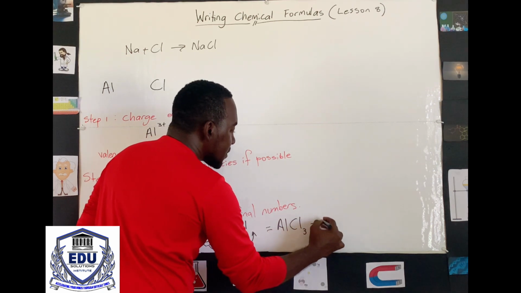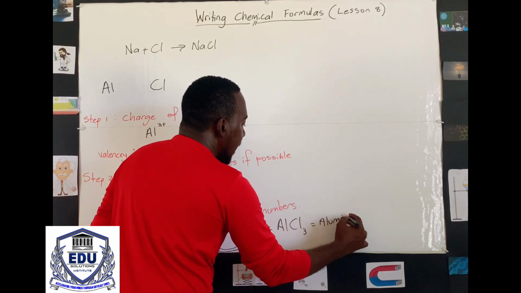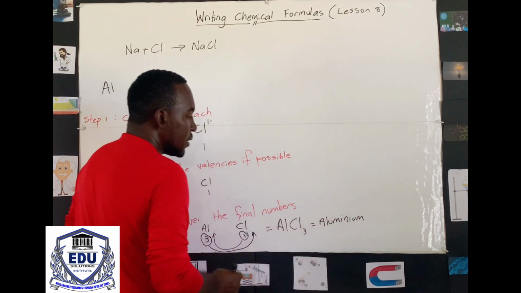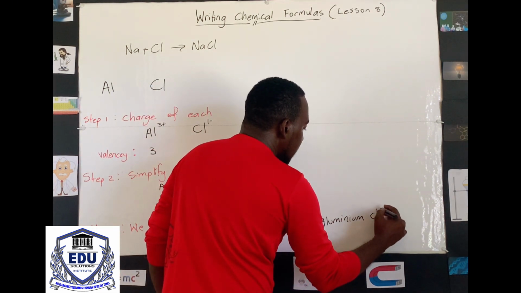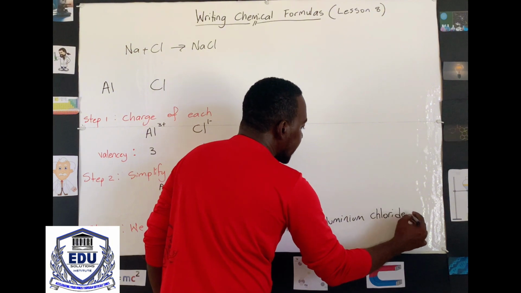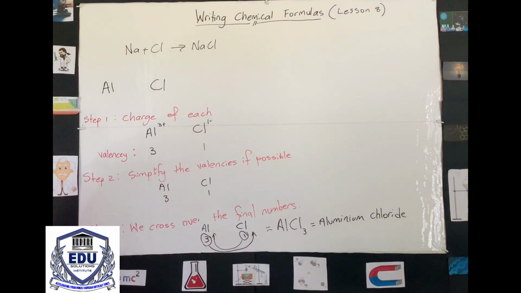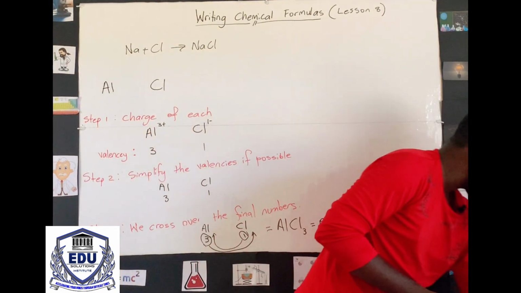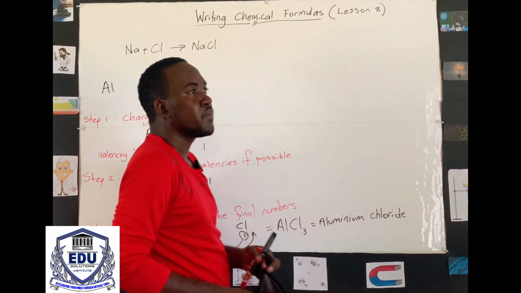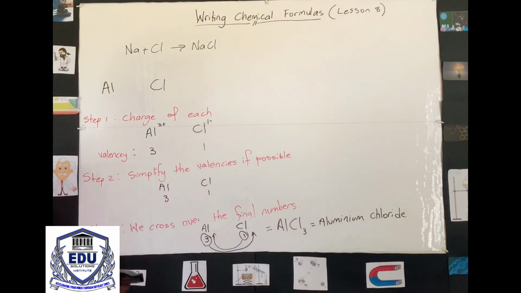And that gives us, again, the metal first, aluminum, and the chlorine will become chloride. And that becomes aluminum chloride. And that's all. You can use any two elements, metal and non-metal, to get a formula.